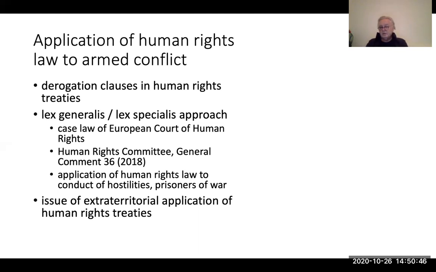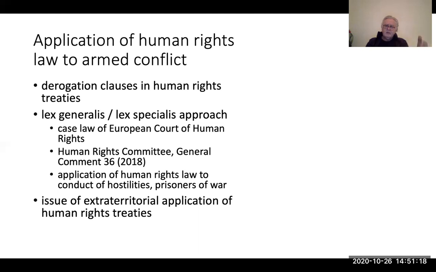So this is a situation where, of course, we don't have a final judgment of the European Court. The court issued an interim measures order not to violate the European Convention. What Armenia is contending is that the way they're waging the war is a violation of the European Convention on Human Rights. So that's there. We are in the zone of international humanitarian law as well. Hence, it becomes important to see if we can understand the relationship between the two bodies of law.